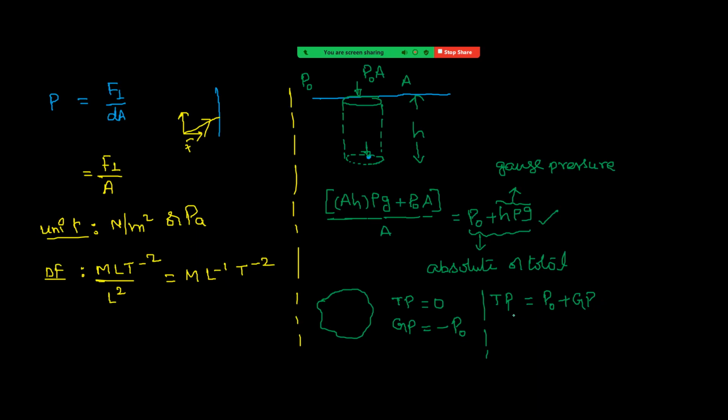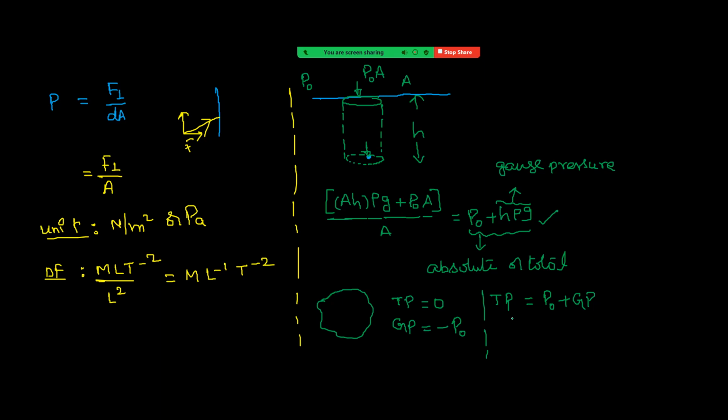Sometimes we require the gauge pressure. For example, if you take a cycle tire, if there is no air in the tire, the pressure is equal to P naught. But we want some pressure inside the tube, which helps us to roll the cycle.